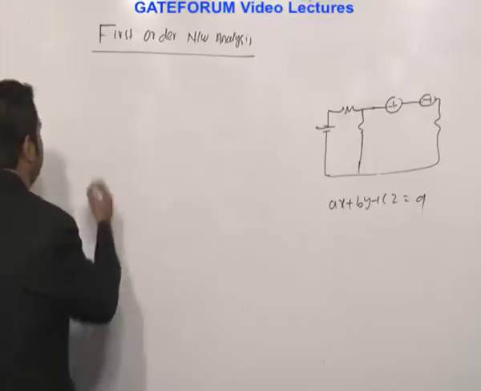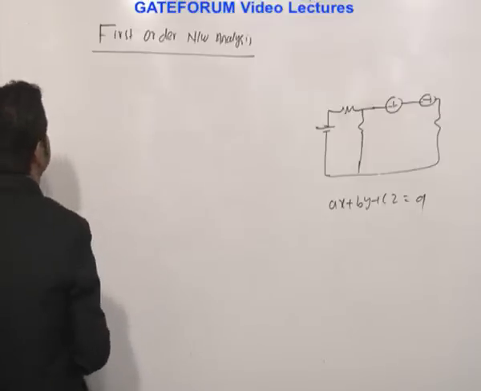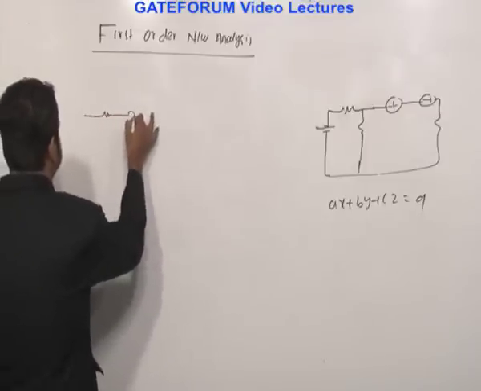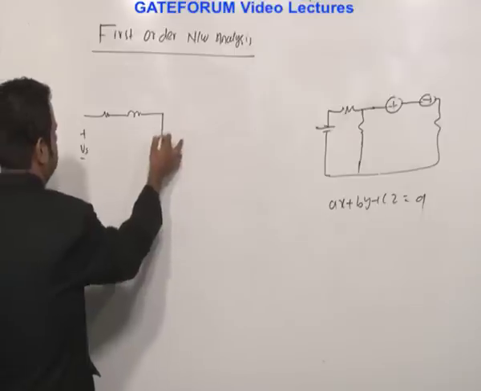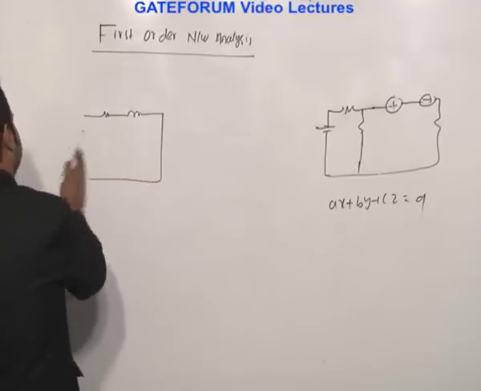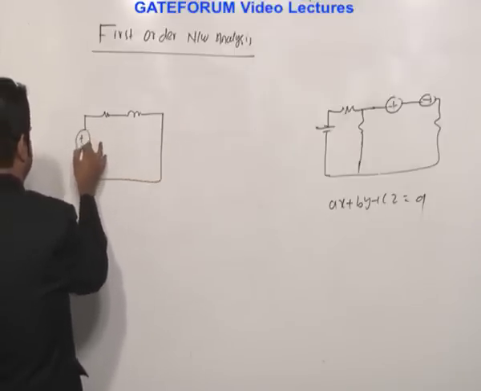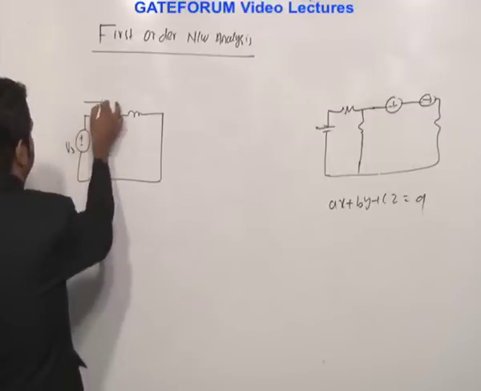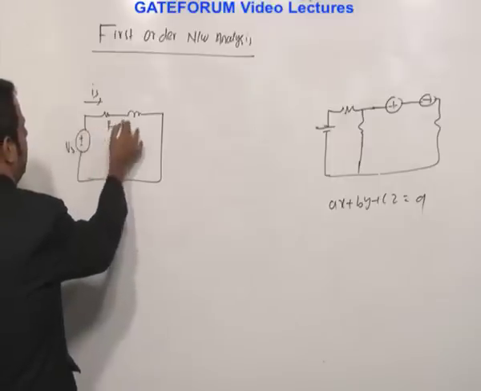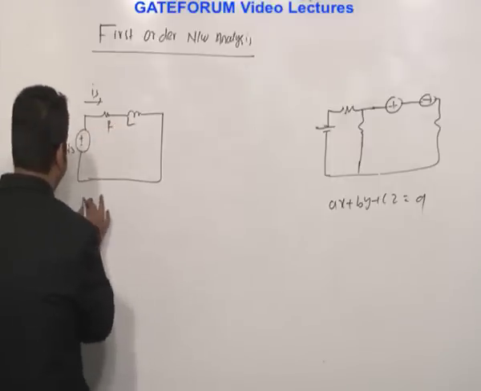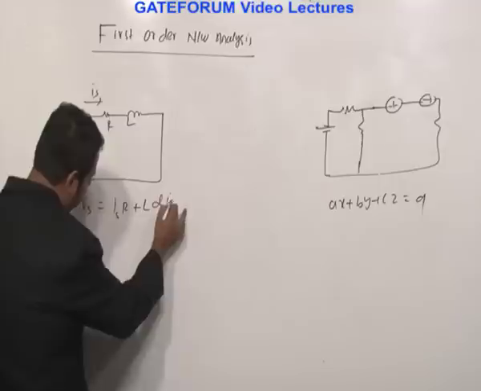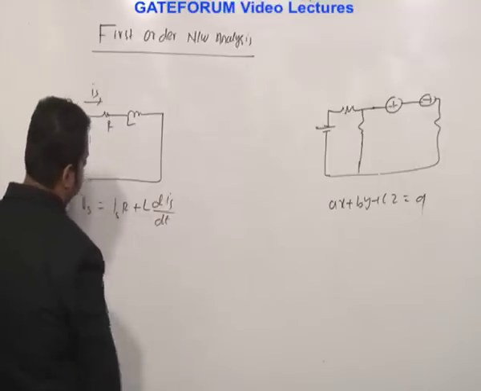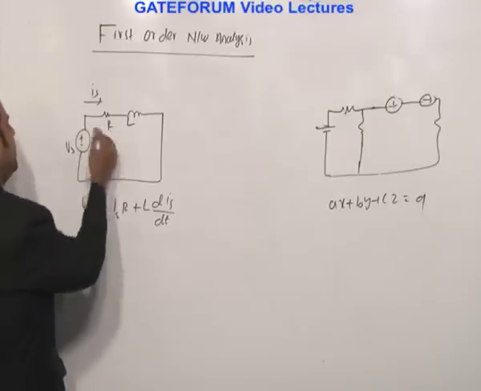In other words, if I take a simple RC network like this, or an RL network like this, and say the voltage is Vs, and the current passing through is Is, with R and L in series, then Vs equals Is into R plus L dIs/dt, is it not?